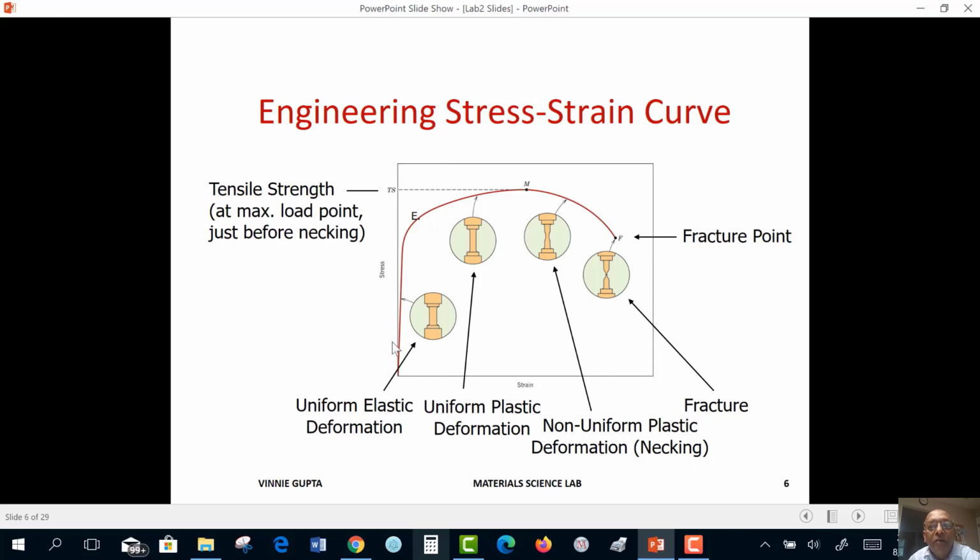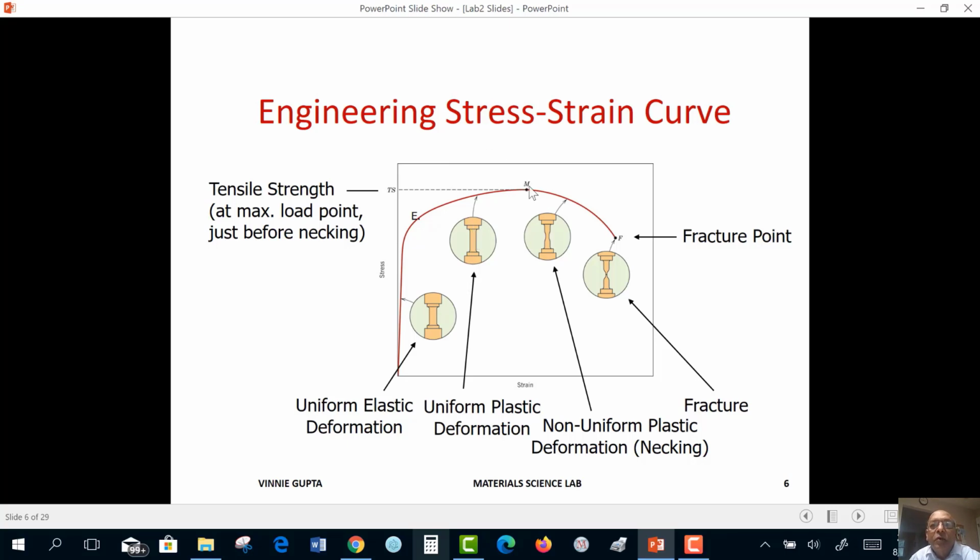The word uniform means that the diameter remains uniform throughout the length. Then it reaches some particular point, let's call it point E, the elastic limit, when it begins to also plastically deform. So we have elastic deformation and we have uniform plastic deformation from point E to M. Uniform again means the diameter remains the same throughout the length.